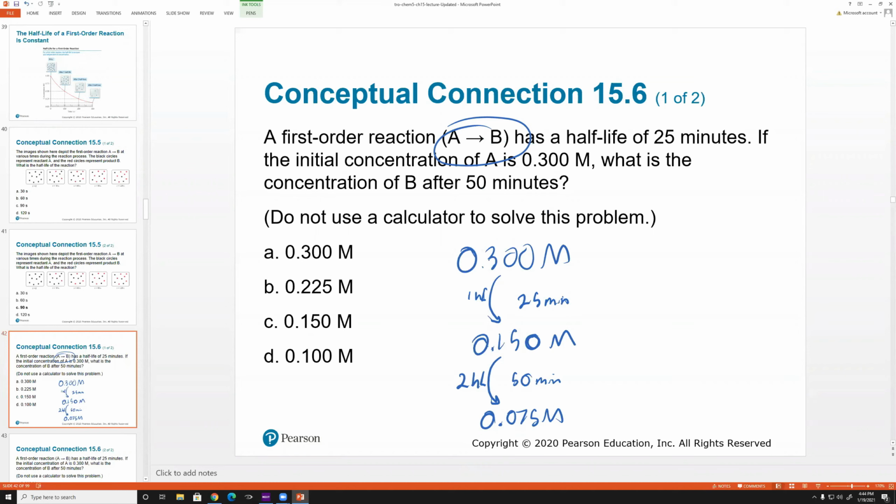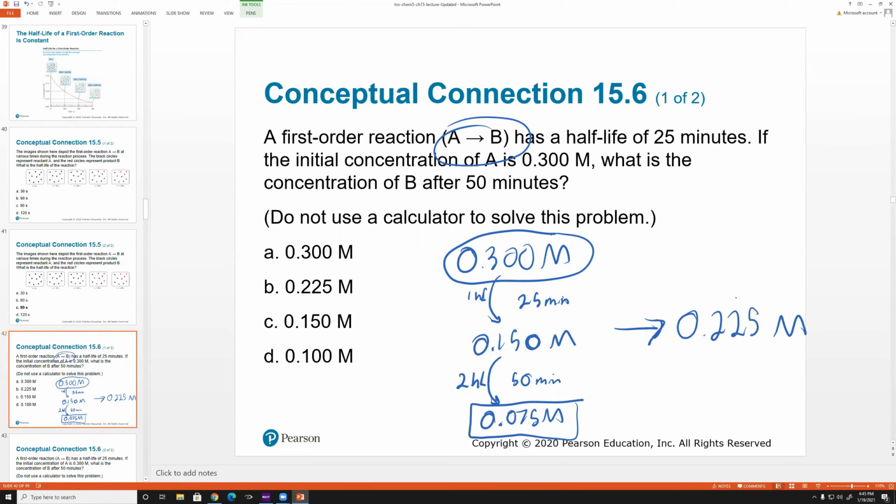This means that whatever of A is removed, it will become B. So by 2 half-lives, the final A remaining is 0.075. So how much B is there? We know that the total amount in the vessel where the reaction occurs is 0.3. So 0.3 minus what's left over is how much got converted to product B, which would be 0.225 molar. So that's how that would work.